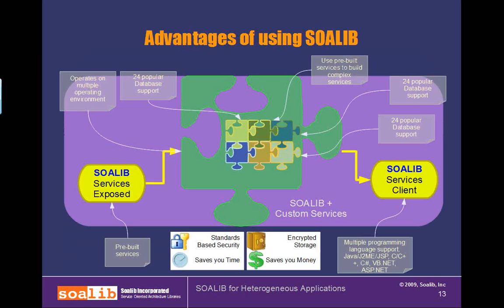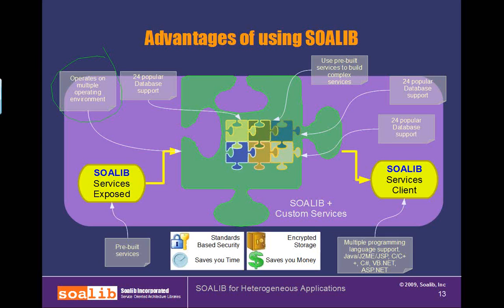In this slide, the multiple operating environment means that it supports multiple operating systems, which covers in general most of the popular operating systems like Windows, Linux, Solaris, Mac OS X. All of those are supported.